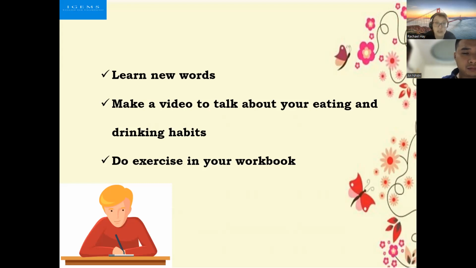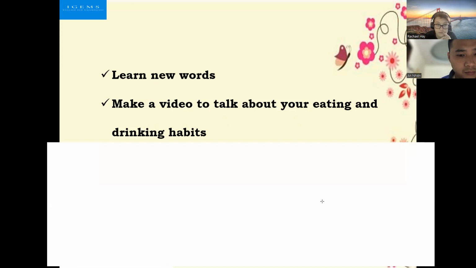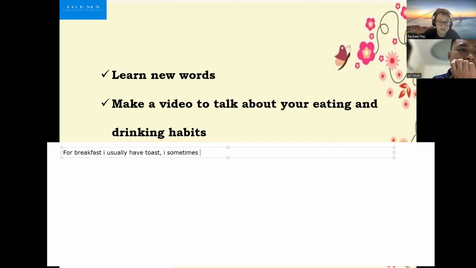So for an example to show you, let me make the writing a little bit bigger so you can see it easier. So we can say for breakfast, I usually have toast. I sometimes have oats with a cup of coffee.